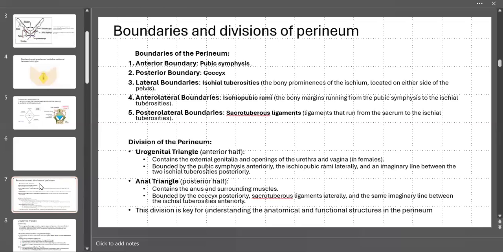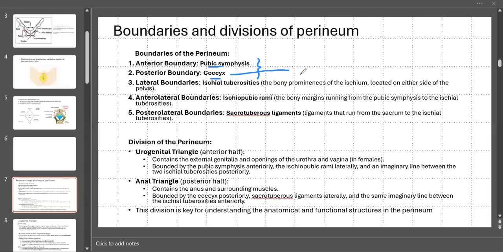So let's start with the boundaries. Anterior boundary. Now you will keep this diamond in mind, this yellow diamond, or the division of the triangles. The anterior boundary is the pubic symphysis, and the posterior is the coccyx. If you imagine a human being, you know that the spinal cord ends at the coccyx.